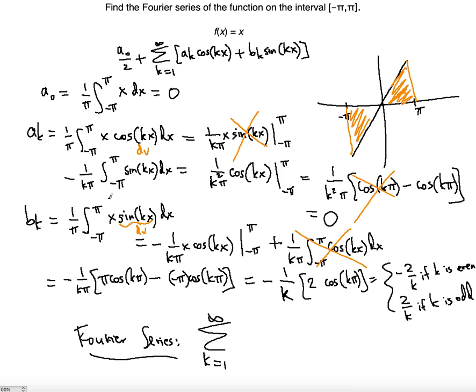B subscript k was this, and keep in mind there's alternating signs, negative, positive, negative, positive. So we have to include negative 1, but let's think about which power we take it to.